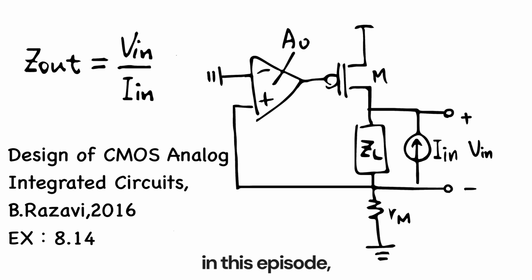Today, in this episode, we are going to use this return ratio analysis technique to find out the output impedance of a linear circuit. We will still use the example of episode 006, which is example A14 of Professor Razavi's book.